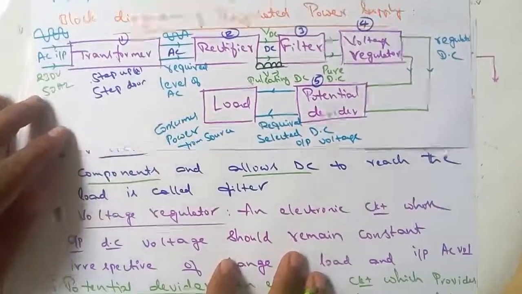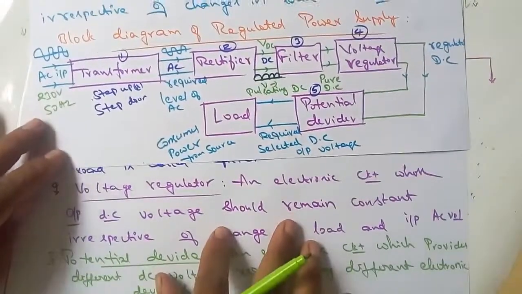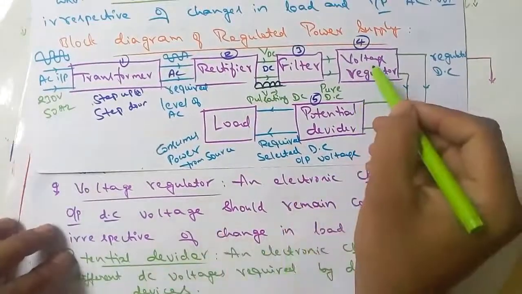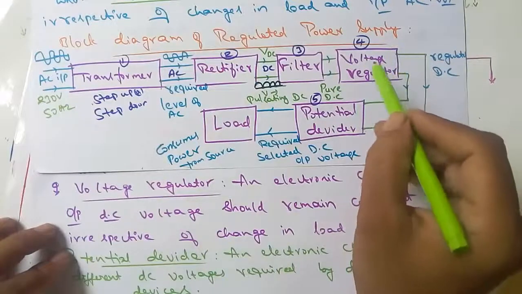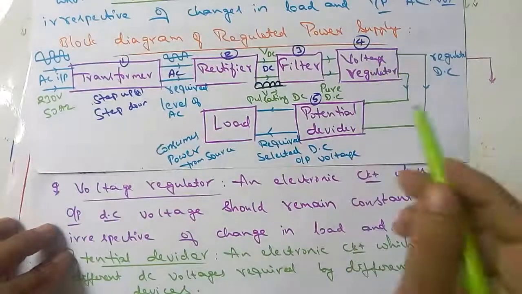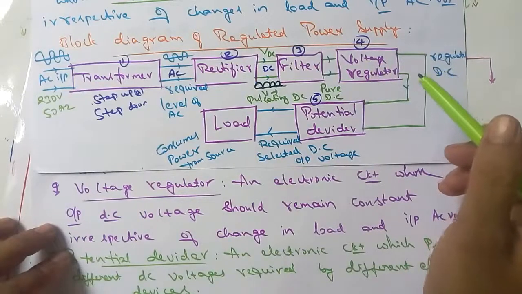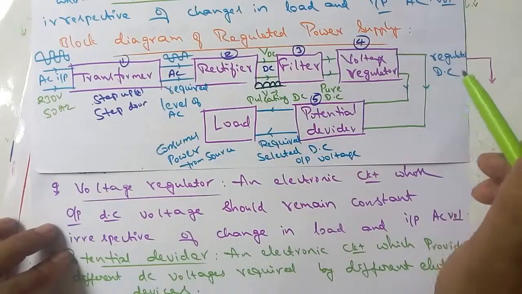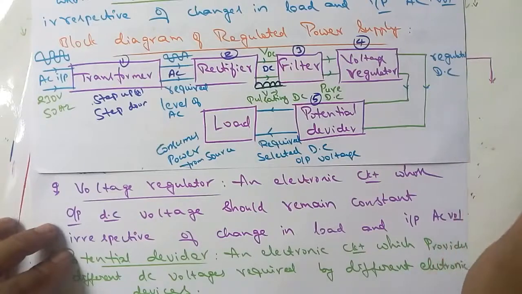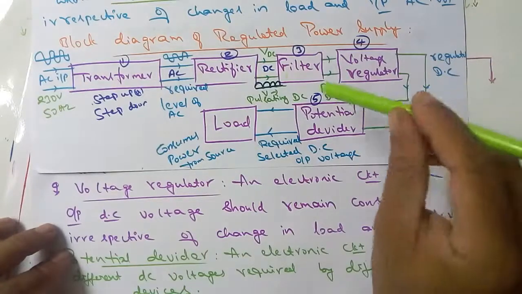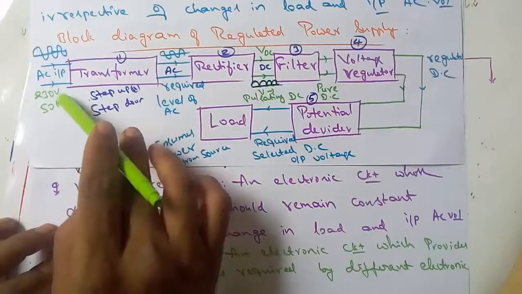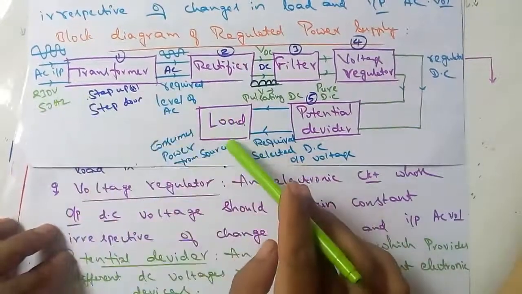What is the definition of the voltage regulator, the fourth one? Its function is that pure DC is converted into regulated DC. Regulated DC means the output DC voltage will not change irrespective of AC input voltage or load.